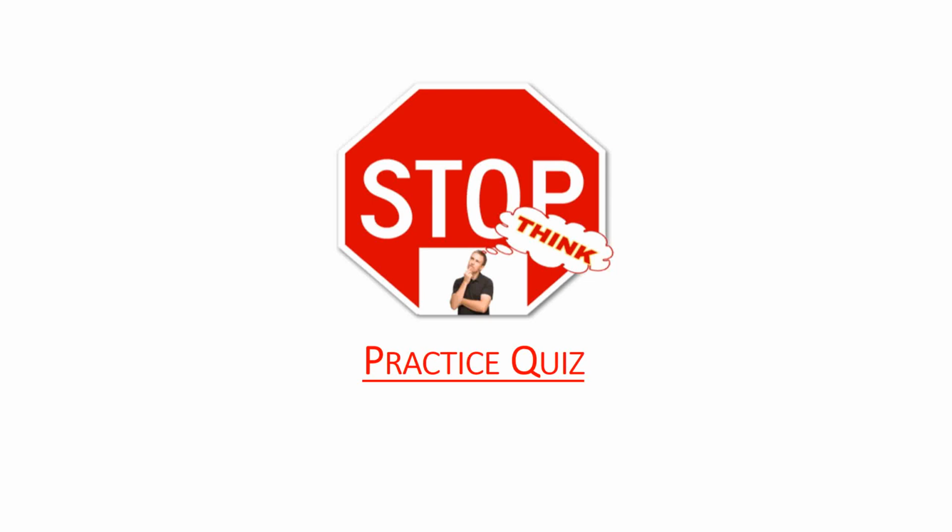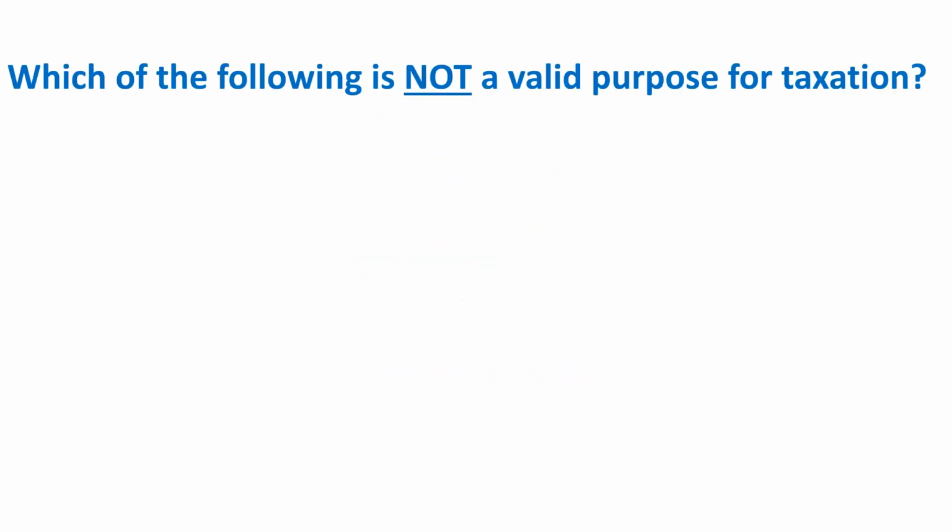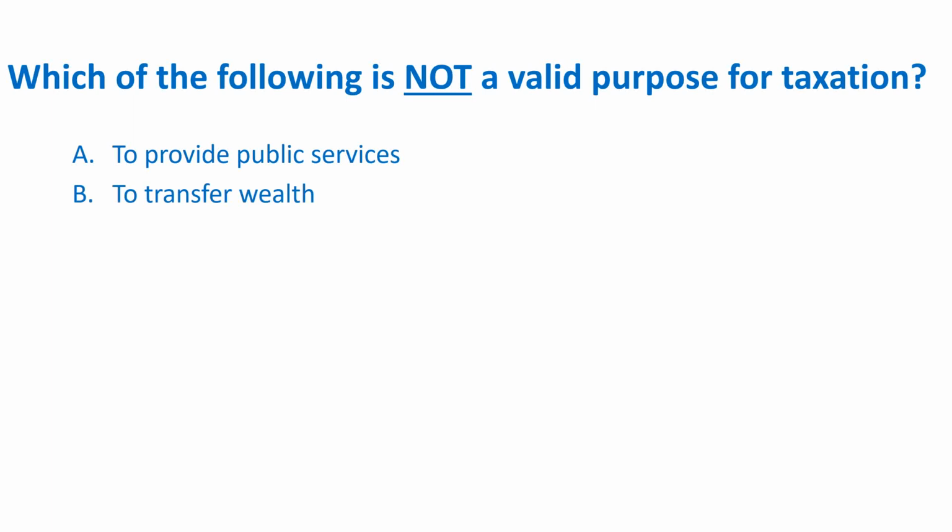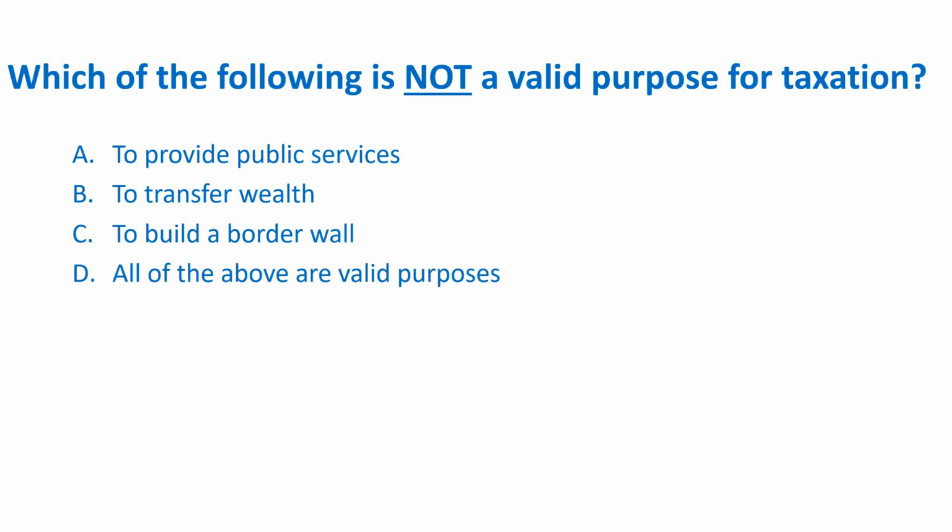Okay, let's stop and think on the purpose and methods of taxation. Which of the following is not a valid purpose for taxation? To provide public services, is that a valid purpose? To transfer wealth, is that a valid purpose? To build a border wall, all of the above are valid purposes. Take a minute.